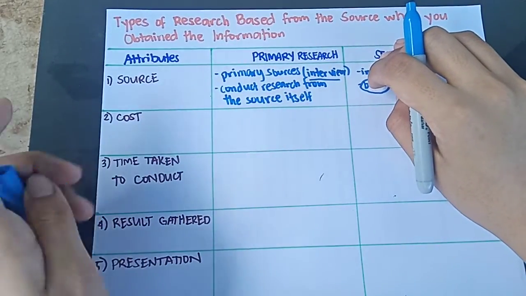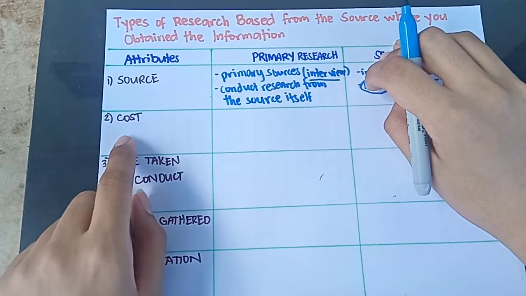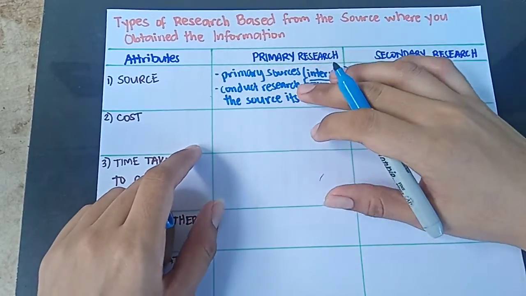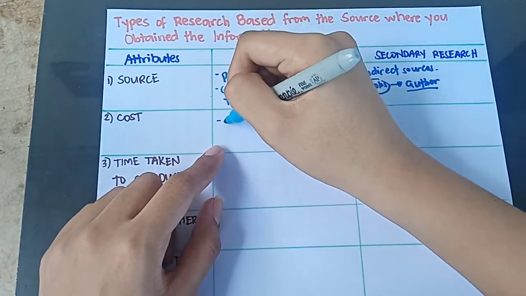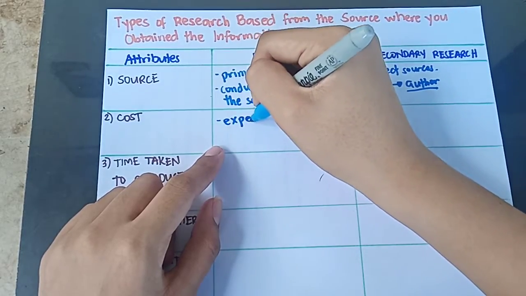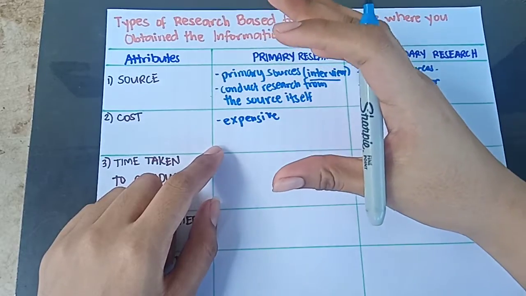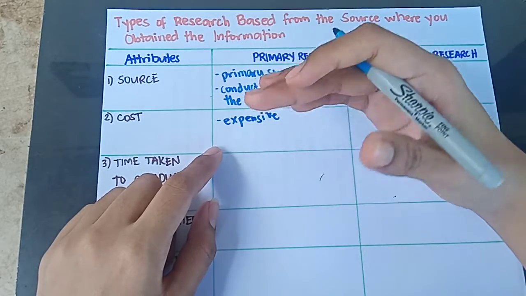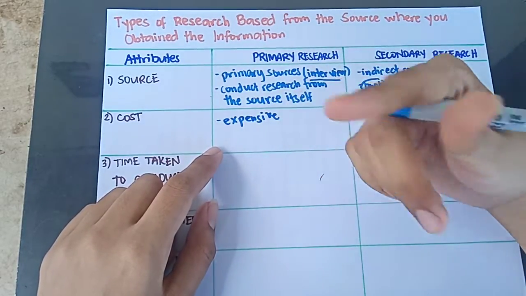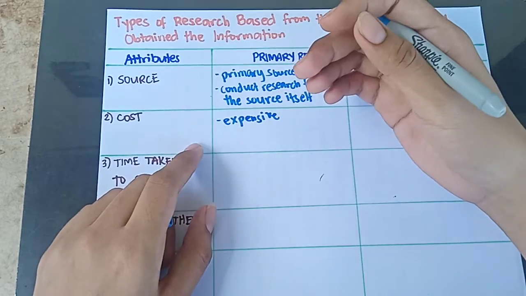Now, let us differentiate them in terms of cost. In primary research, it is expensive. It is costly. Why? Because primary research requires primary resources.